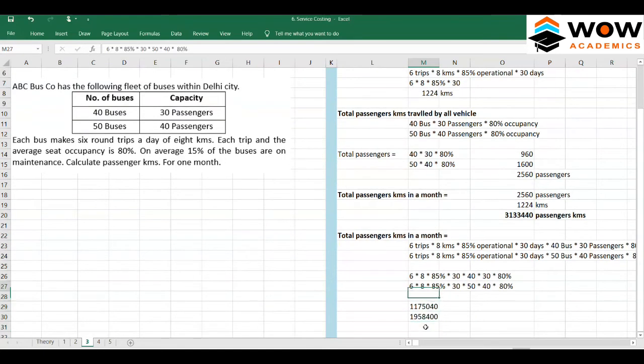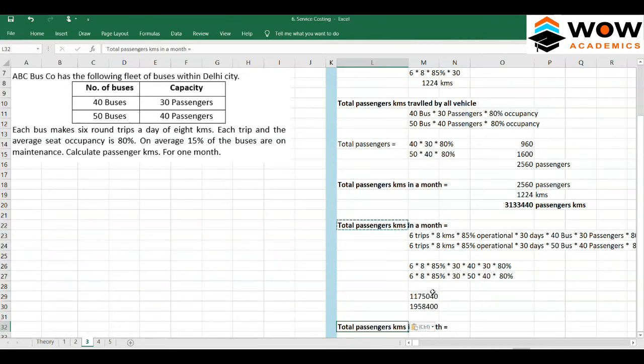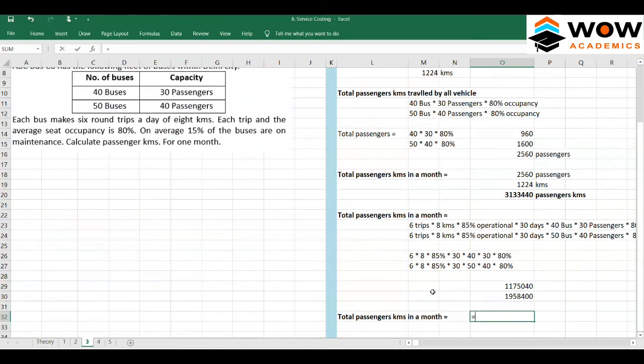Add both of it, you will get the total passenger kilometers. So let's add them. Add this with this. The same number has to come. If it comes, it is right. Okay, the same number has come here, so it means both methods we have done perfectly.